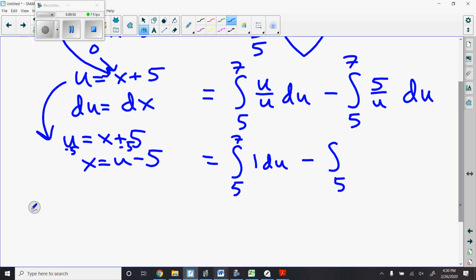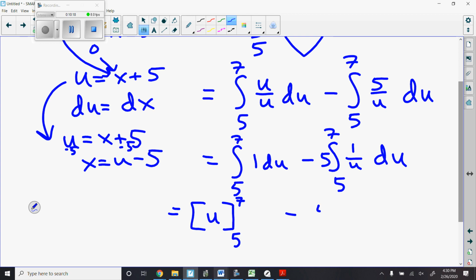I'm just going to take that 5 out front. When I integrate a constant, I just tack on the variable. I'm going to solve both of these. The antiderivative of 1 here would be u. The antiderivative here would be ln absolute value u.